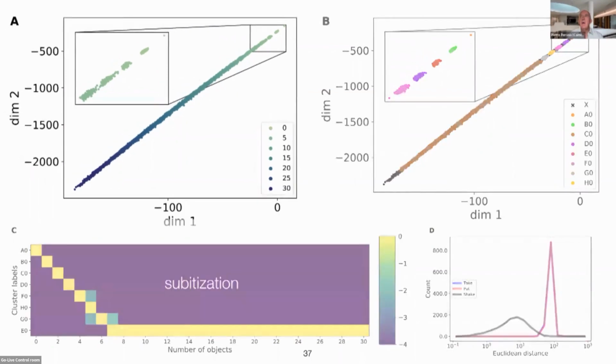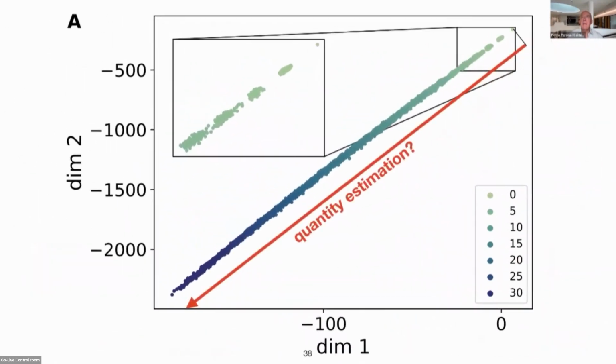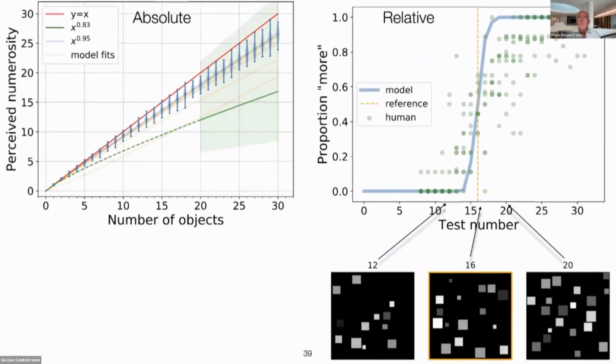So what you see is that this representation allows a system to estimate the number of objects in a scene. While quantity estimation here is not precise, it can estimate precisely the number of objects in scenes from 0 to 5 or 6 objects. And this is a comparison with human psychophysics.